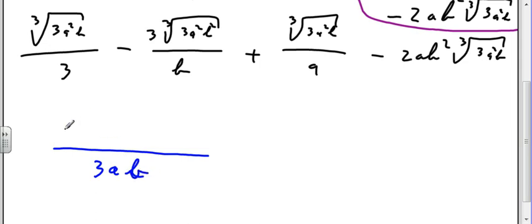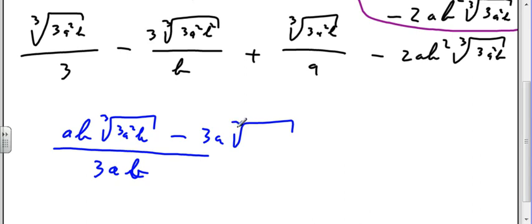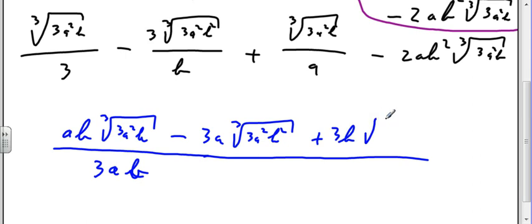So this guy's got to be ab cube root of 3a squared b minus 3a cube root of 3a squared b squared plus 3b cube root of 3a squared b minus 6b cube root of 3a squared b.